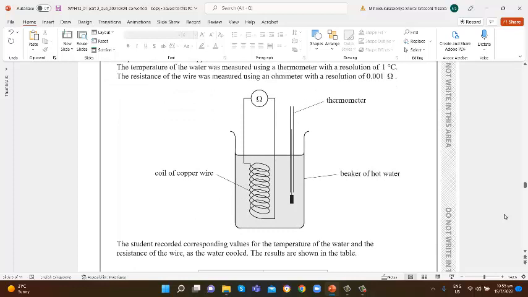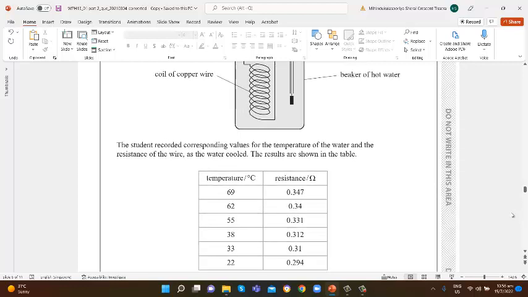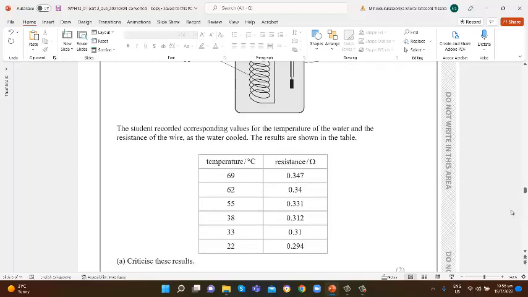The student recorded corresponding values for the temperature of the water and the resistance of the wire as the water cooled. The results are shown. Now when you get the results, you have to be very careful.